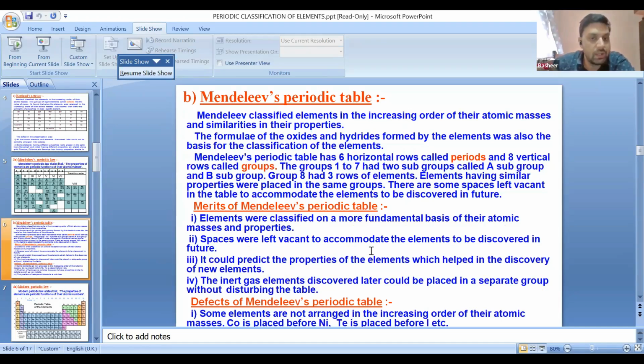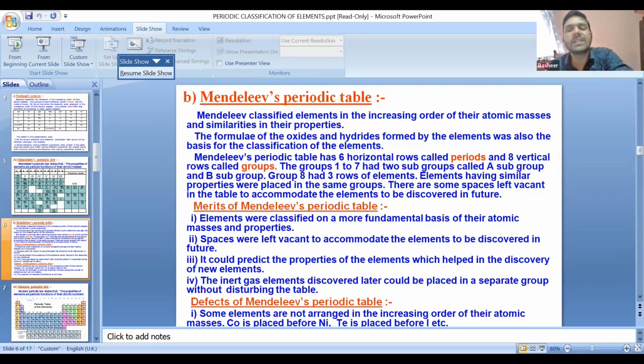Okay. Third point, it could predict the properties of the elements, which helped in the discovery of the future elements. Or whatever he discovered, on the basis of the properties they can put. And the last, what is the good thing under Mendeleev? That is the inert gas element. Inert gas elements discovered later, also we can place anywhere.